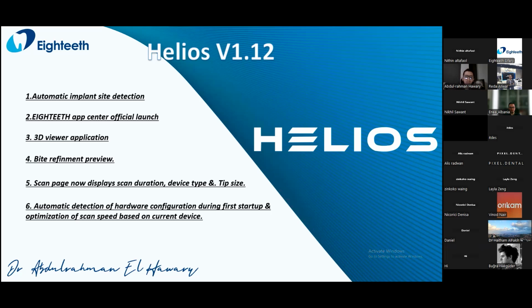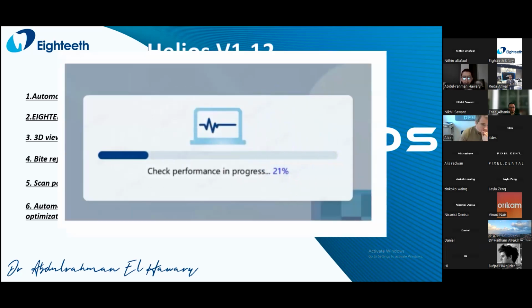All of this will happen during the first startup, and it will also do a quick optimization and performance check for the client, and optimization of the scanning speed that is suitable for the type of laptop that the client has.